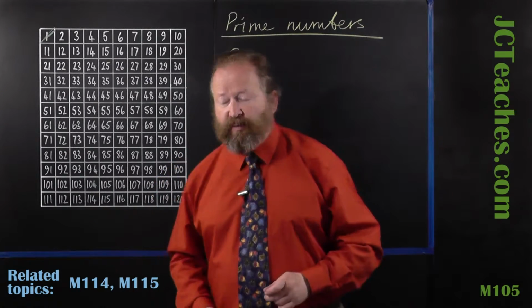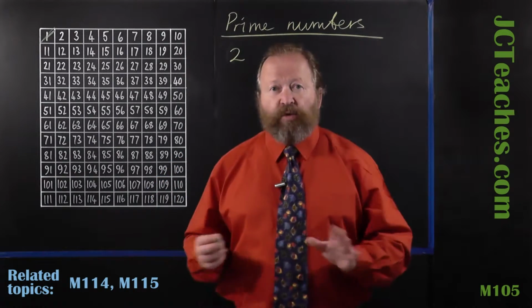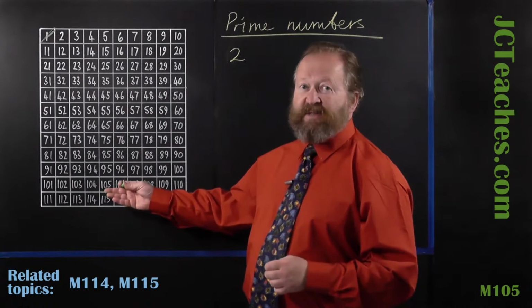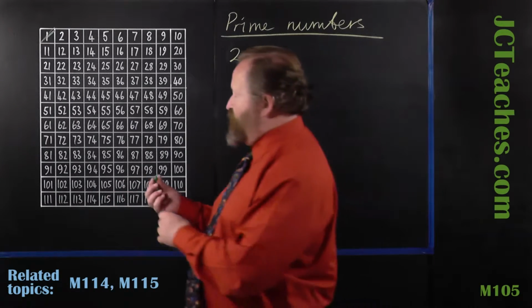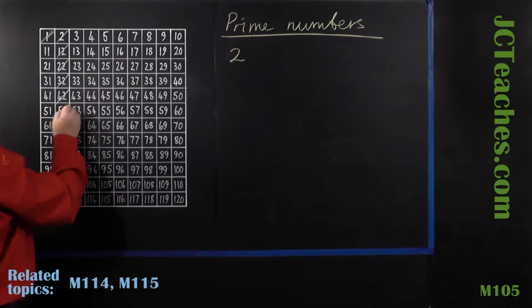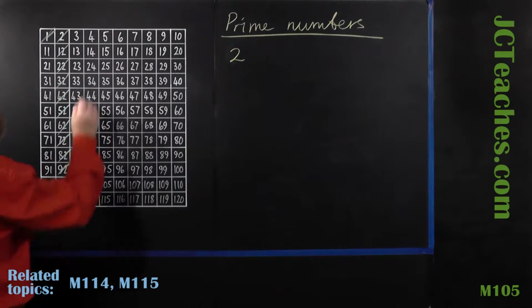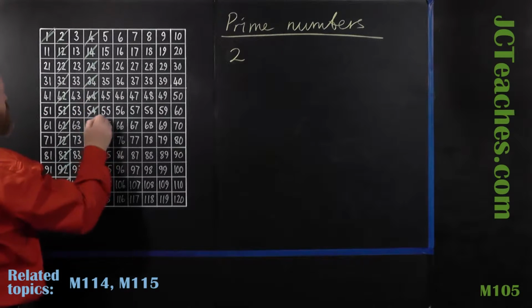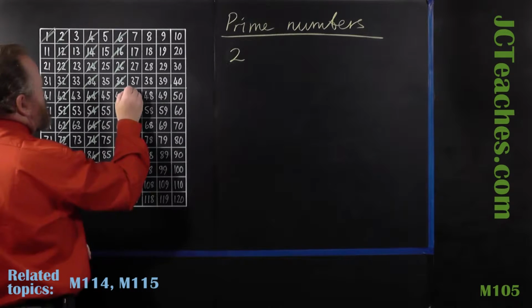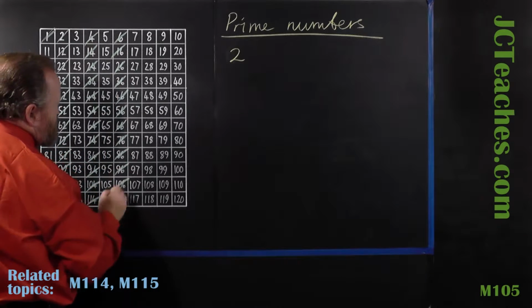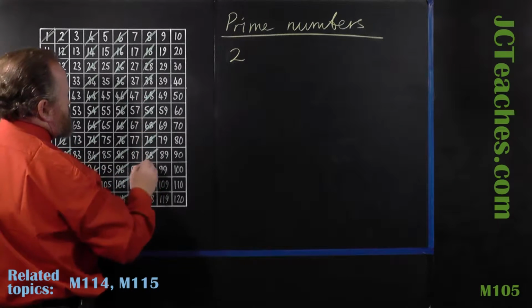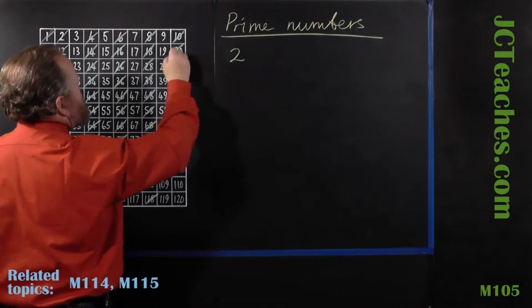Now that's an important one, because that means all the even numbers have to disappear, because all the even numbers have 2 as a factor. So therefore we can immediately remove everything in this column, everything in this column, this column, this column, this column.